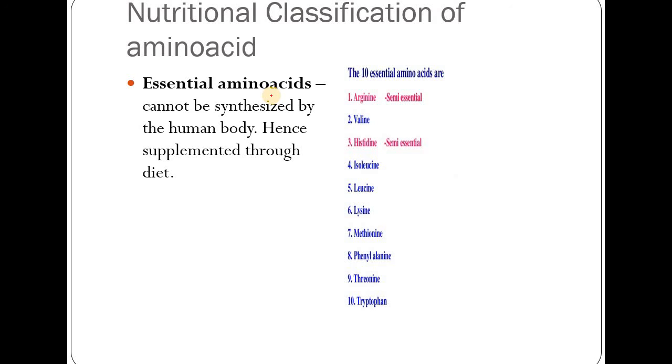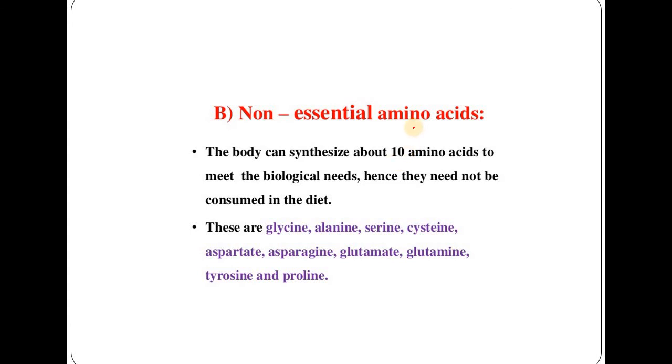So these are the amino acids which come under this category, and the amino acids arginine and histidine are called semi-essential amino acids. And the next one is non-essential amino acids. Our body can actually synthesize these amino acids, hence it is not essential for them to be consumed through our diet. Okay, so amino acids like glycine, alanine, serine, all these come under the non-essential amino acids.